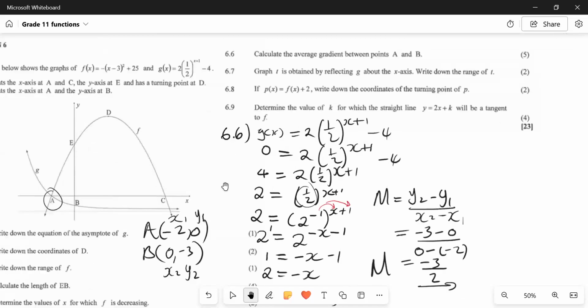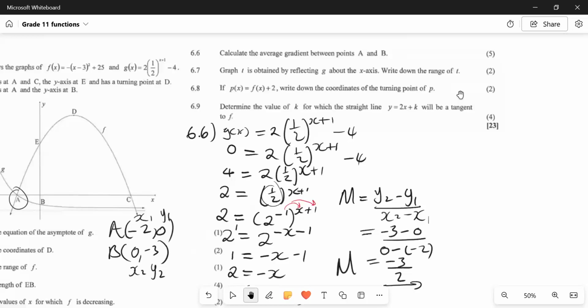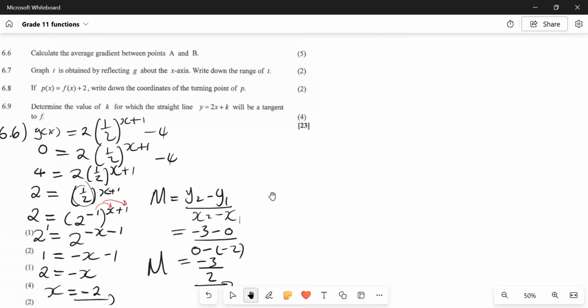6.7, graph T is obtained by reflecting G about the x-axis. Write down the range of T. Okay, cool. That's not a problem to us.